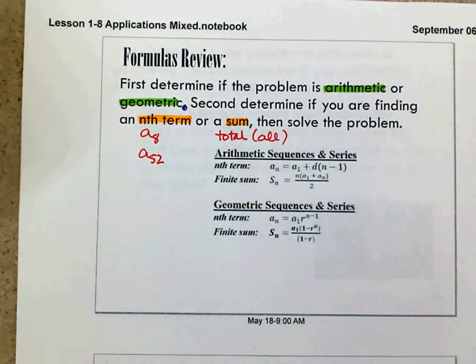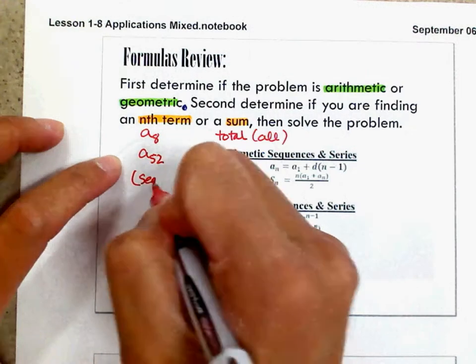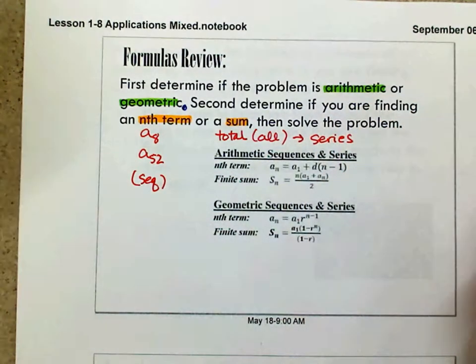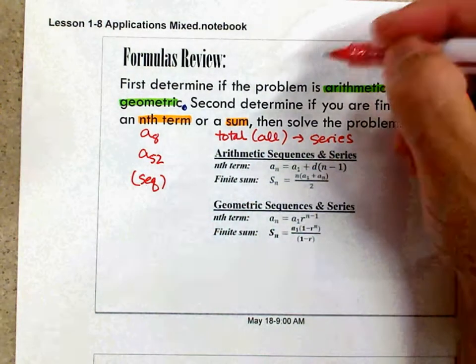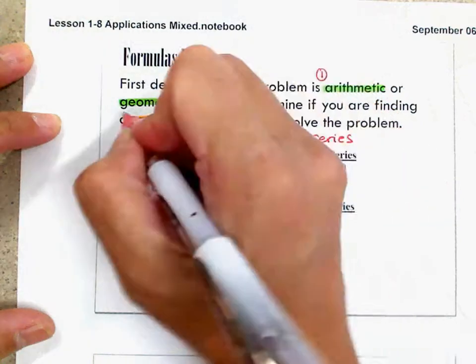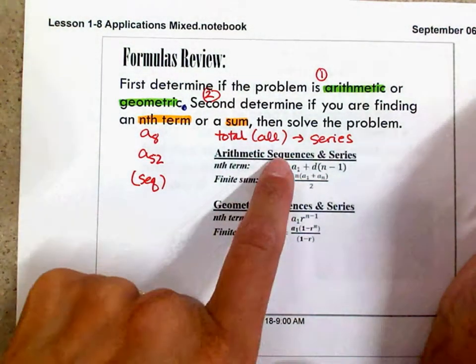Then you would use the series. This one here, you use the sequence. Here, you use the series, okay? So step number 1, determine if it's arithmetic or geometric. And step number 2, determine if you're looking for something specific or a series.